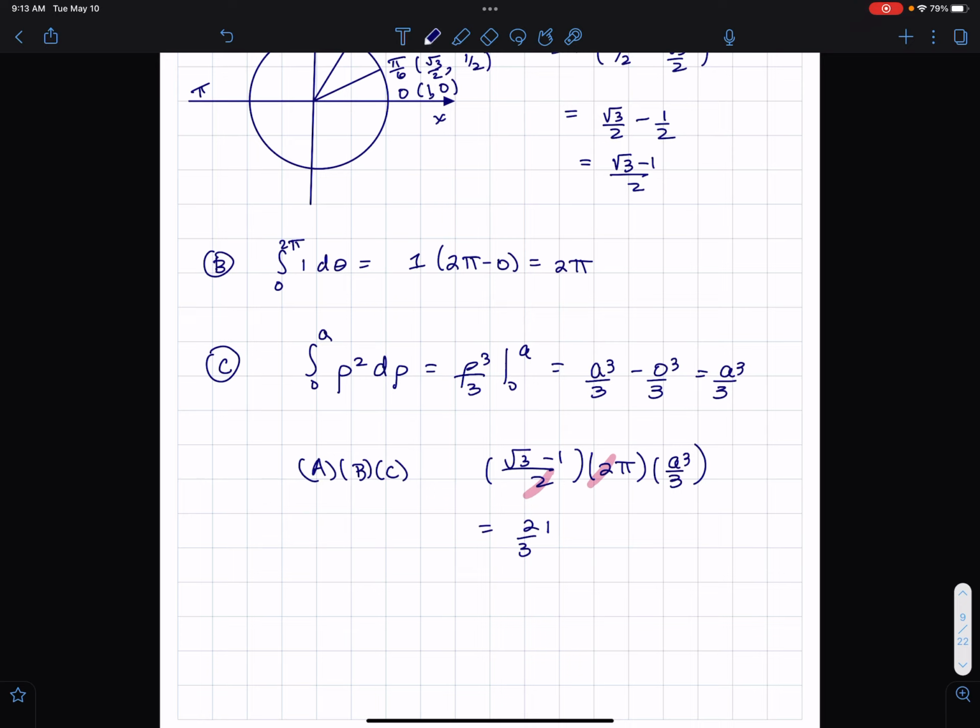So what exactly did they write down? Rad 3 minus 1 all over 3, and then they put pi a cubed like that, or a cubed pi. Either way, we got it right. I was just trying to make it look the way they did it.